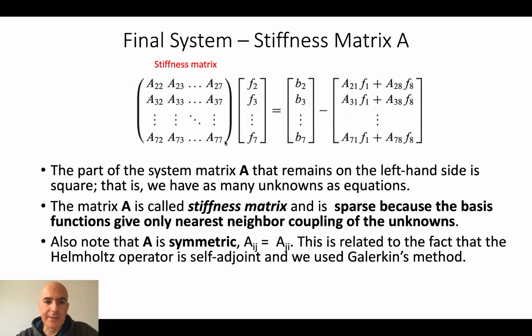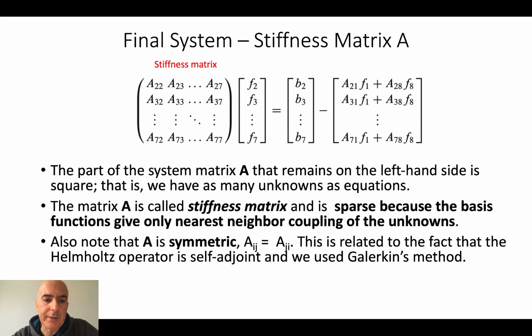So the part of the system matrix A that remains on the left side is square, which means that we have as many unknowns as equations. The matrix A, the stiffness matrix, is sparse, as the basis functions, our tent functions, give only nearest neighbor coupling of the unknowns.